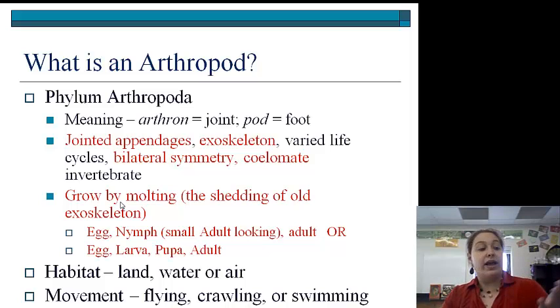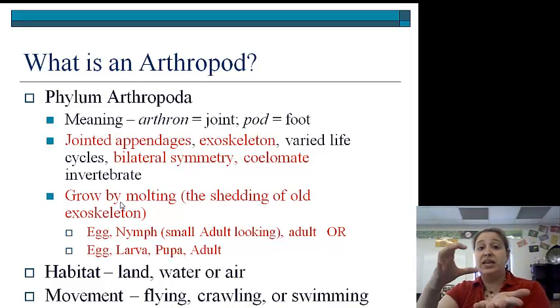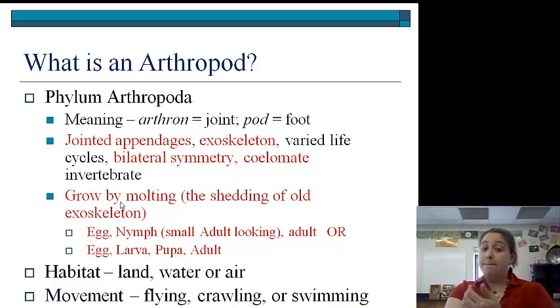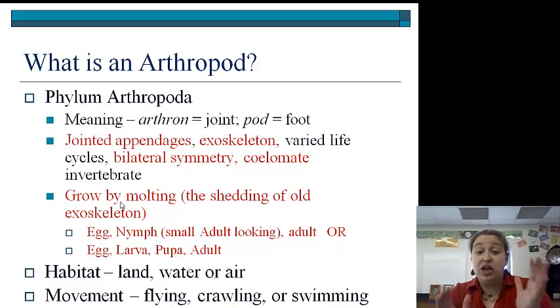They could either go egg, nymph, which is a very little version of an adult, and then they keep molting their skin as they grow to become a full, large adult. Or they can go egg, larva, pupa, adult. We see that when we talk about our butterflies, when we go from caterpillar, which is the larval stage, into the pupa, and then into the adult butterfly stage.